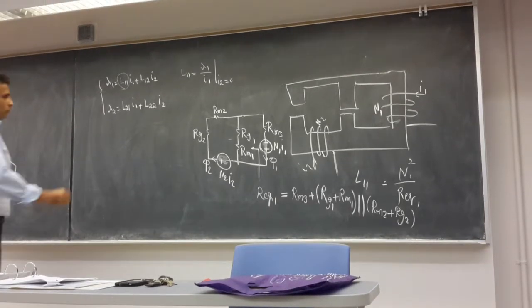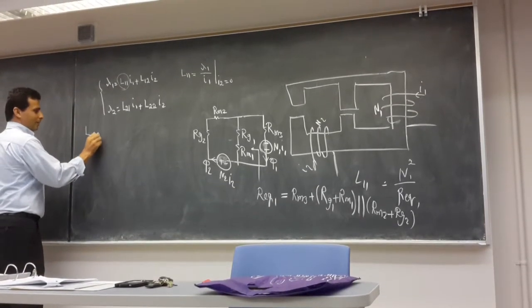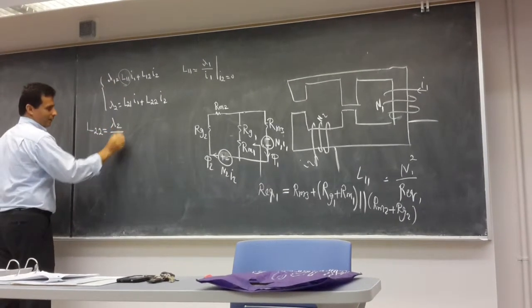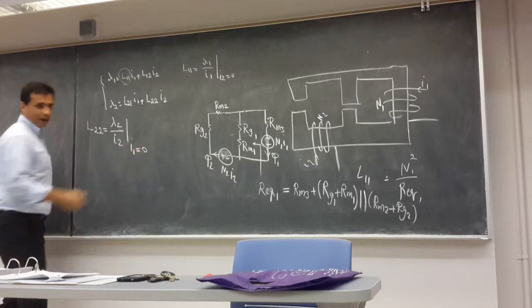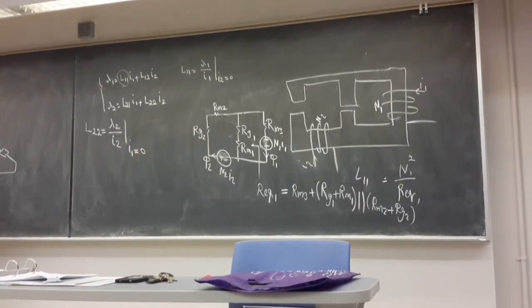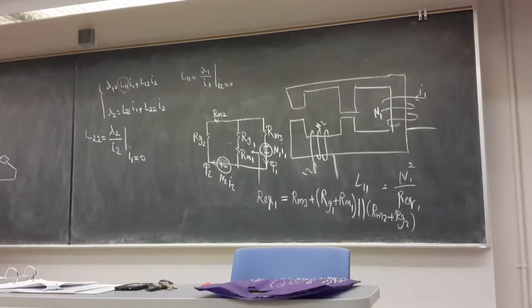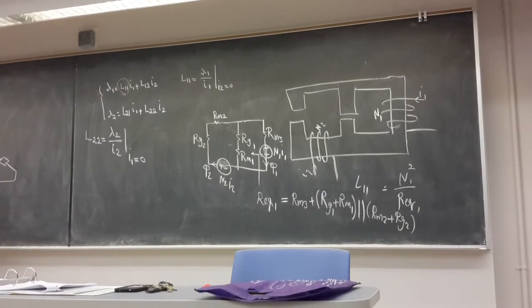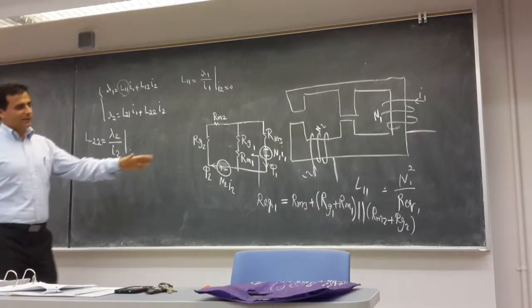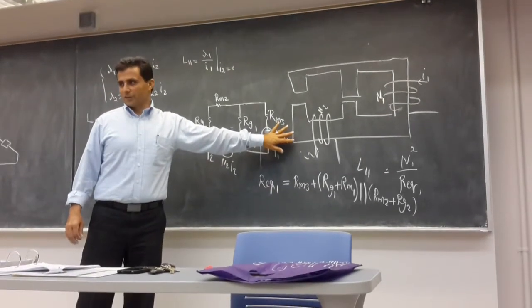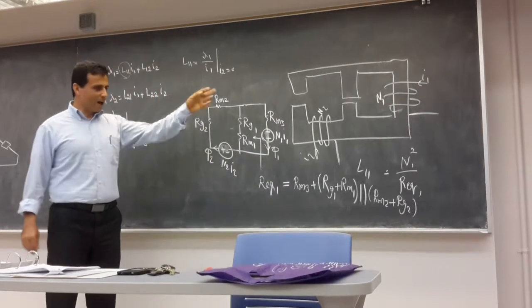Now, how much is the L22? This is going to make the calculation much easier for you instead of writing everything and calculating it the long way. So basically, this time, this source is 0, right? How much is the R equivalent?